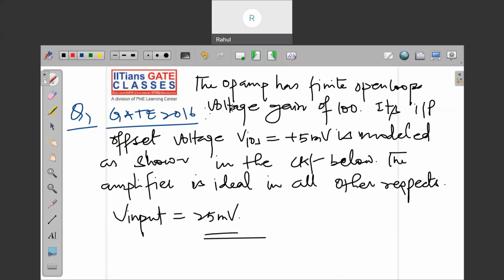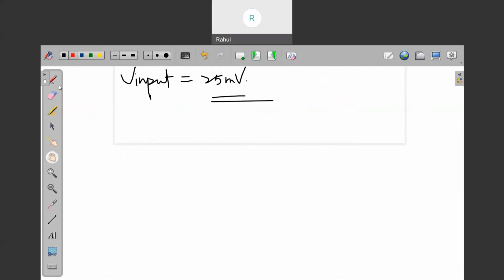So what they have given here is the op-amp has finite open loop gain, that is 100. Its input offset voltage is 5 millivolt, modeled as shown below. So let me draw the circuit, because unless we draw the circuit, we can't understand. We have to find the output voltage in millivolt for this circuit.